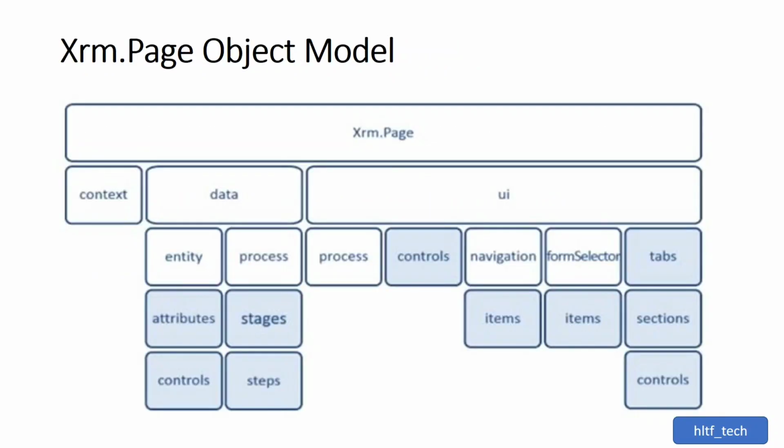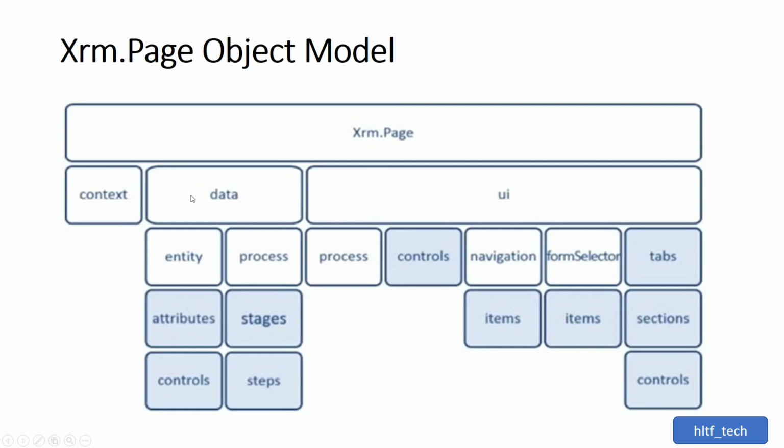Now we are going to design a simple JavaScript file. Before that, it is very important to understand how the XRM.page object model behaves. This is the XRM.page model, in which there are three parts: context, data, and user interface.